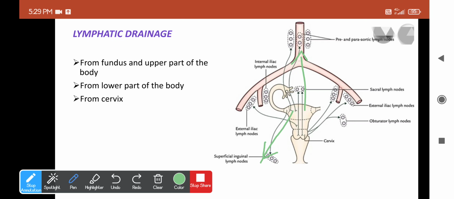From the lower part of the body, they will drain into external iliac lymph nodes over here, okay. And from the cervix, laterally they will drain into external iliac lymph nodes and obturator lymph nodes as well. Posterolaterally, they will drain into internal iliac lymph nodes, which is here, and posteriorly they will drain into the sacral lymph nodes, okay. You will be having these lymphatics on either side, so they are paired structures.